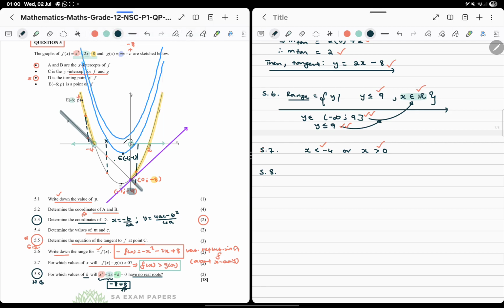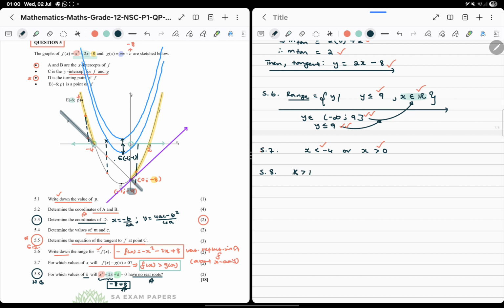So this distance is just 1 unit. If we shift it by more than 1 unit up, then we will have no real roots, meaning no intersection with the x-axis. So this is good. It's simply k must be greater than 1.